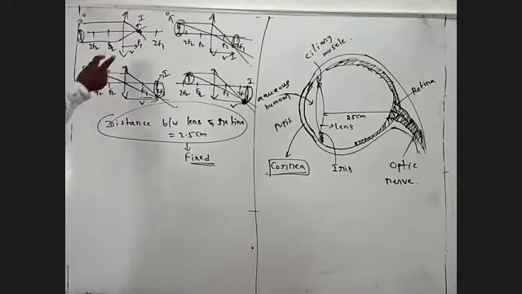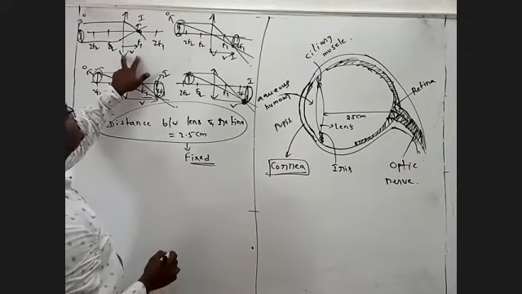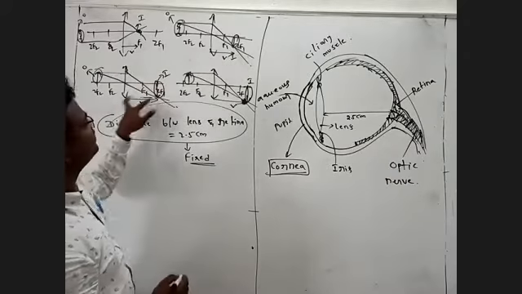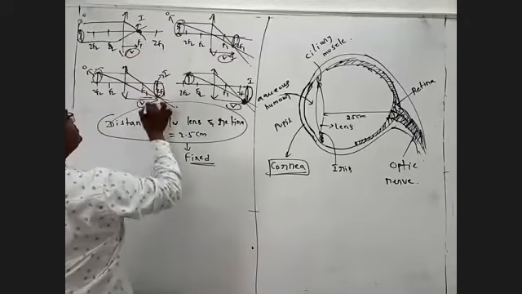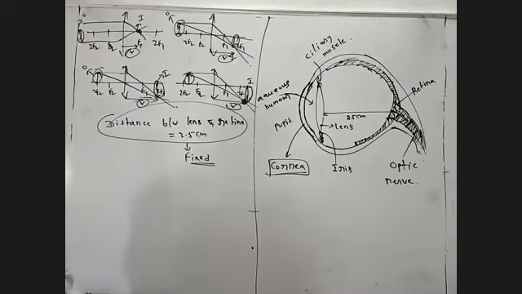You see the distance between here and here is the same, but the image distance is changing.